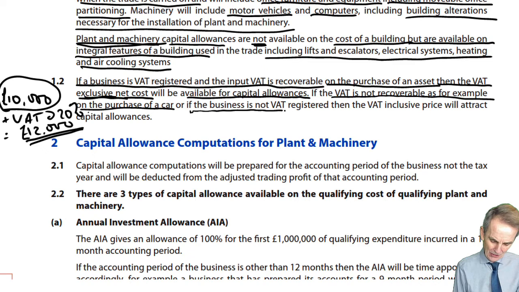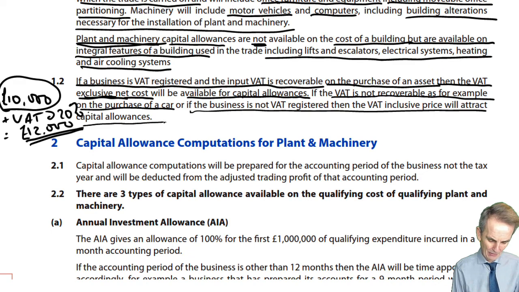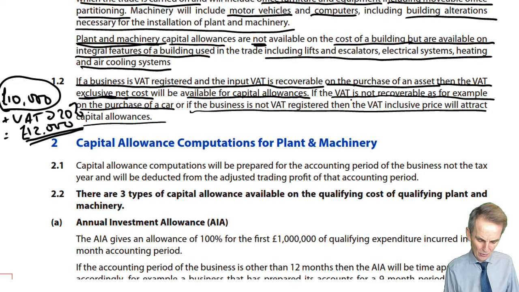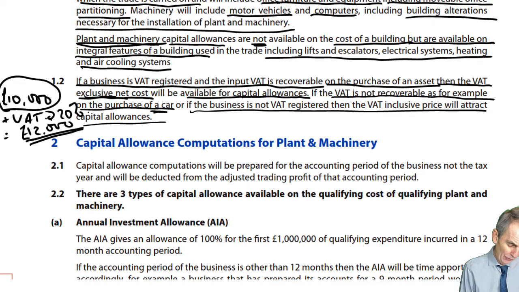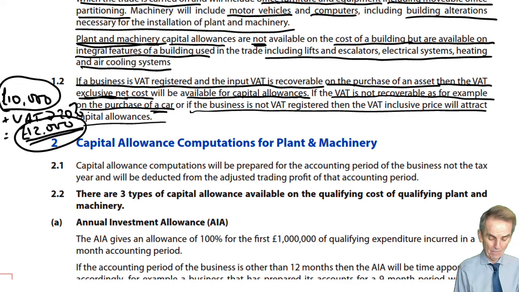In relation to the purchase of a car, it is irrecoverable input VAT. We cannot recover the input VAT on cars in the vast majority of circumstances. If you cannot recover the input VAT, you're not going to get your money back for the VAT cost incurred, so you'll be able to claim your capital allowances on the full VAT-inclusive figure.